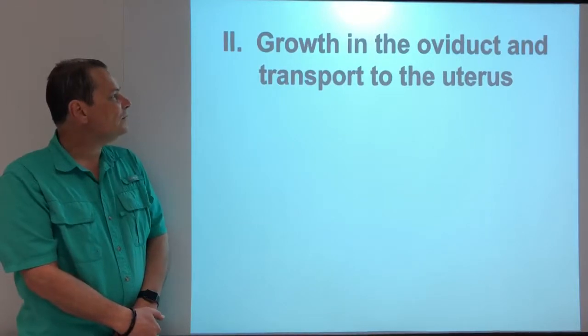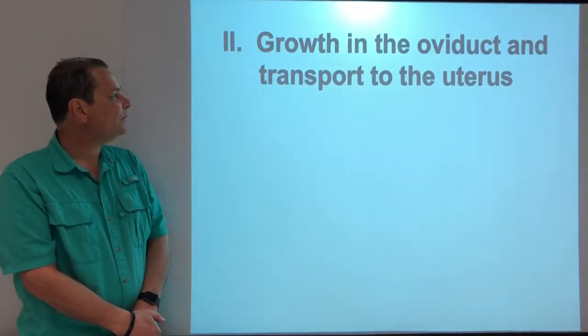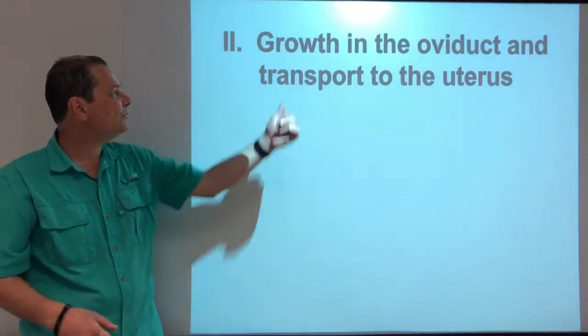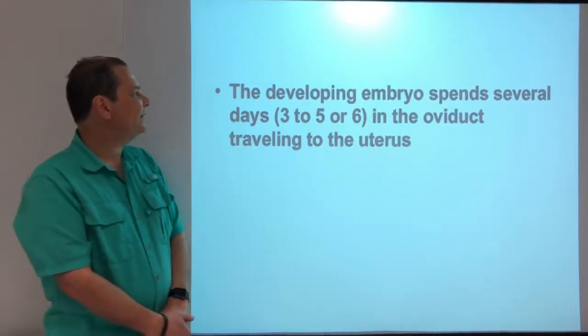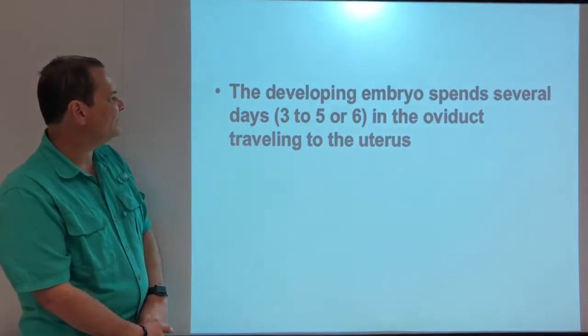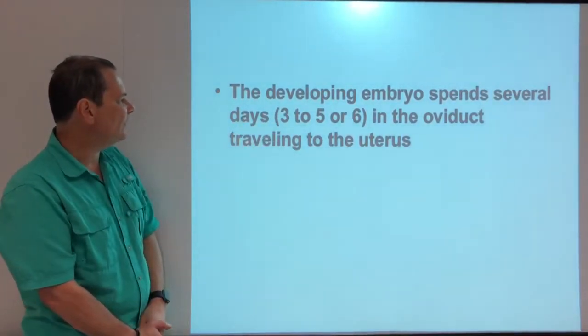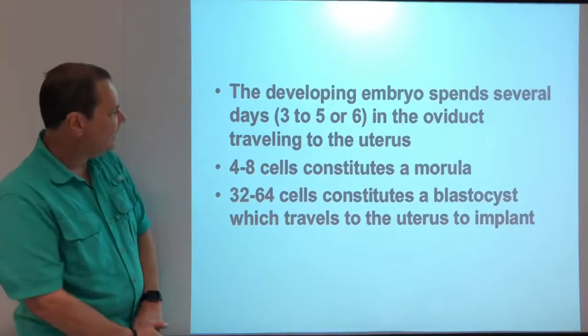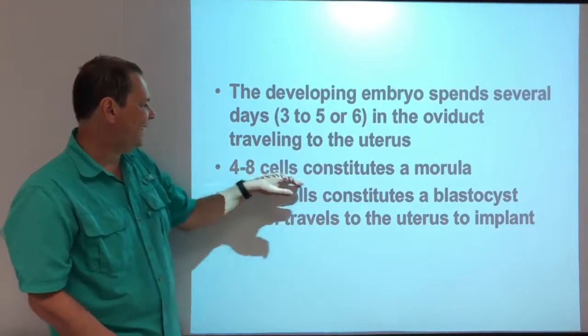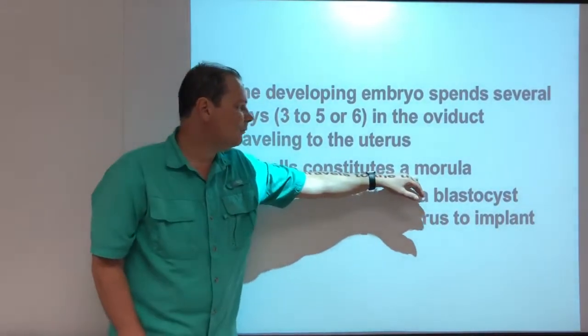So let's talk a little bit about what happens after that before we finish up on this video. Growth in the oviduct and transport to the uterus. The developing embryo spends several days in the oviduct, traveling to the uterus, of course, and it is developing as it goes. The 4 to 8 cell stage is called a morula.